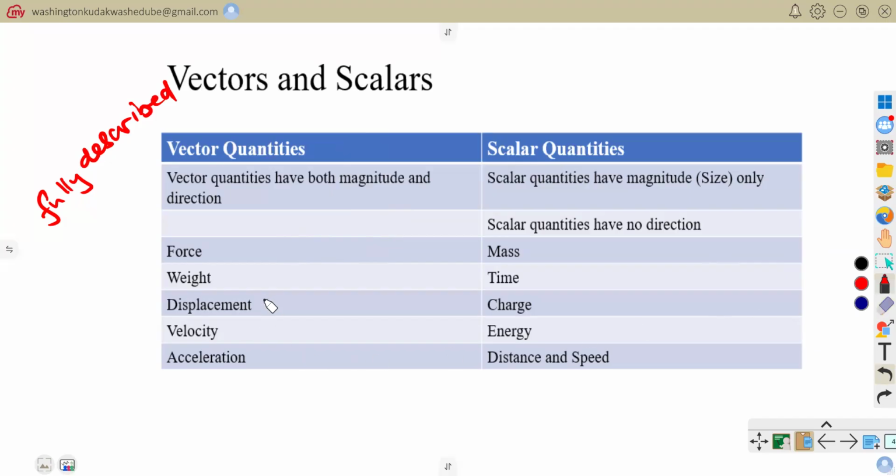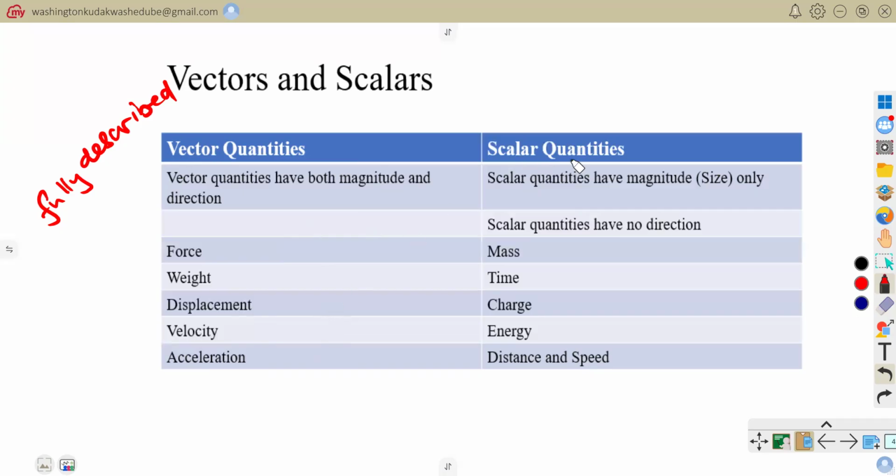We also know of displacement, which we define as the shortest straight line distance between 2 points. So you are looking at the distance towards a certain direction, just as your velocity has both magnitude and direction. Acceleration, magnitude and direction.